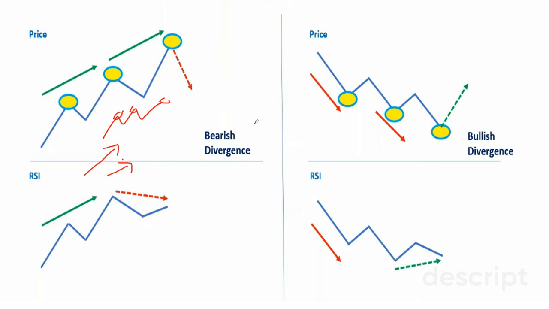This is a bearish divergence, meaning the speed at which you're riding will come down. Similarly, when the price is making lower lows and the indicator is making lower lows, but all of a sudden the indicator makes a higher low, that means the speed at which you are decelerating has come down. So we will use this information and take it forward.